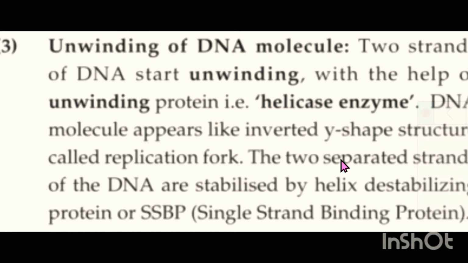The two separated strands of the DNA are stabilized by helix destabilizing protein or SSBP, means single strand binding protein. This enzyme is most important, helicase enzyme, and here helix destabilizing protein means single stranded binding protein.